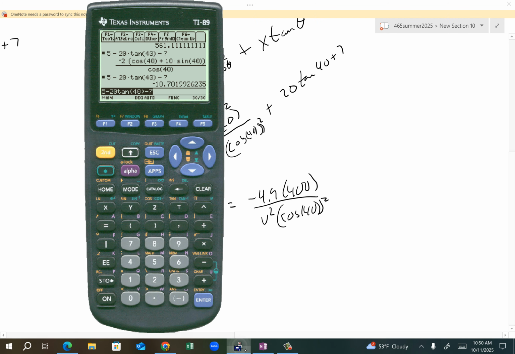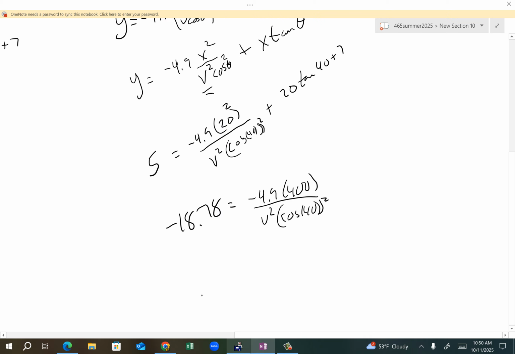Okay, now I'm going to punch some of this out. Negative 4.9 times 400 divided by cosine 40 squared is negative 3340. So negative 18.78 equals negative 3340 over v squared.